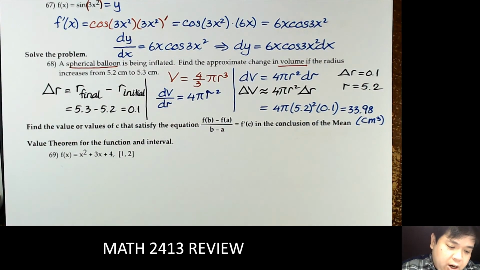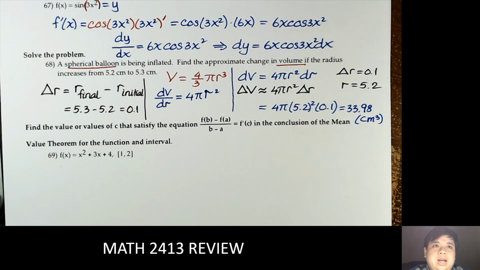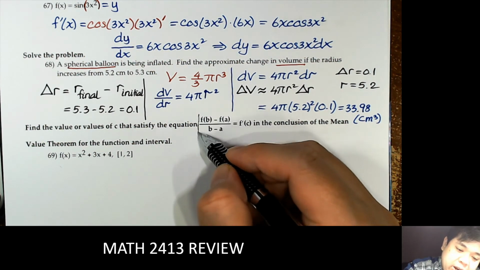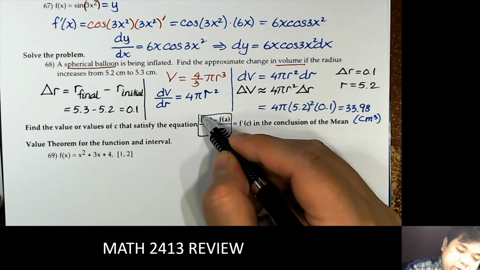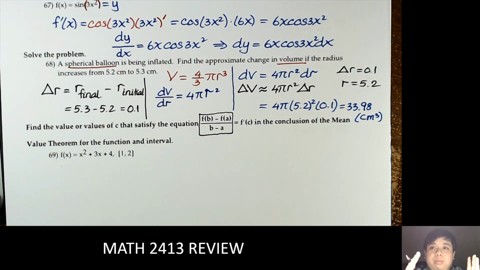Right, next, find the values of c that satisfy the conclusion of the mean value theorem. So the mean value theorem says that the average rate of change throughout the interval is equal to the instantaneous rate of change at some point. This is the average rate of change, or the slope of the secant line. There will be a point in the middle where the tangent line will have the same slope as that secant line.